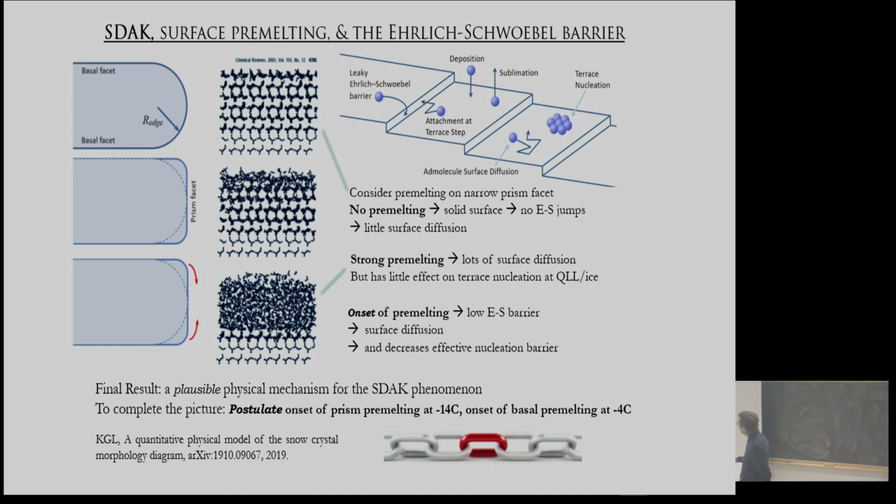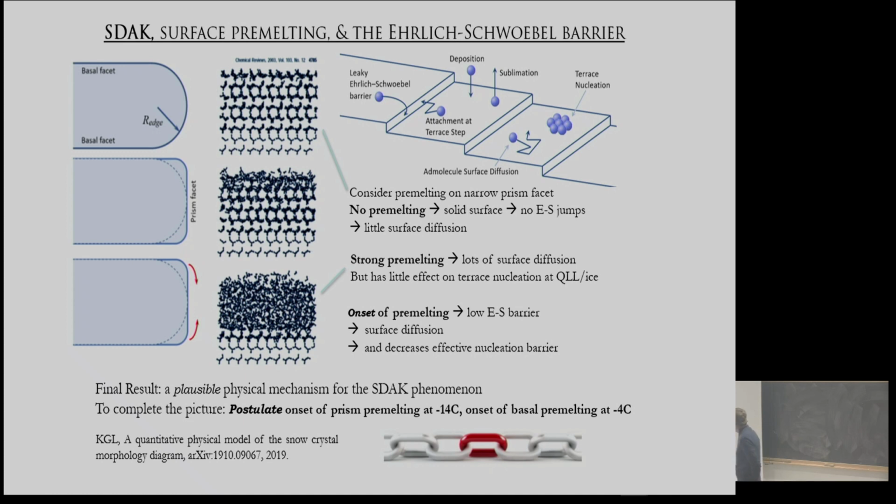So at low temperatures, nothing. At high temperatures, nothing. But right there, that's the special spot. That's where the surface pre-melting is just starting to happen. And that's when this whole thing starts to work. So the last thing we're going to do is postulate that the prism pre-melting is going to happen at -14, and the basal pre-melting is going to onset at -4, and that will give you the S-stack dips where you want them.